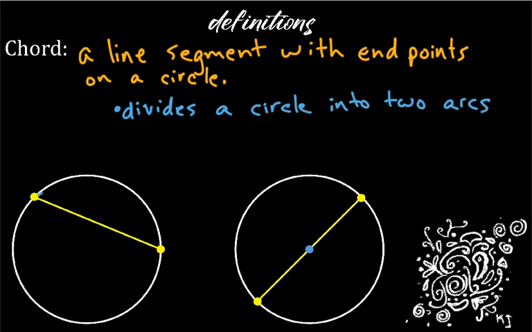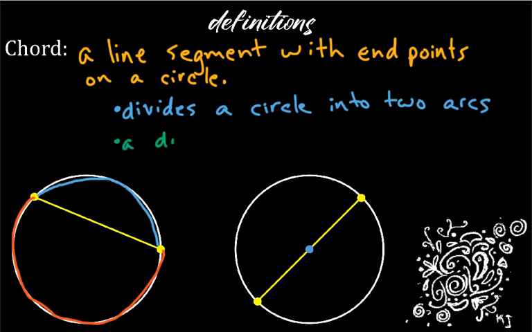So you can see here's one arc, didn't do it perfectly there. That's a minor arc. And the red one there is the major arc. Now, sometimes it so happens that the chord, this chord right here, runs through the center of the circle. So it makes that chord a diameter.